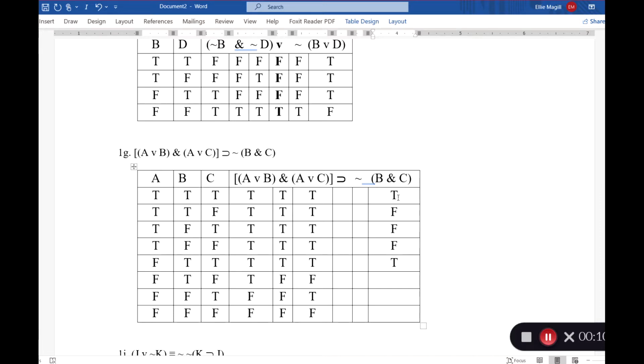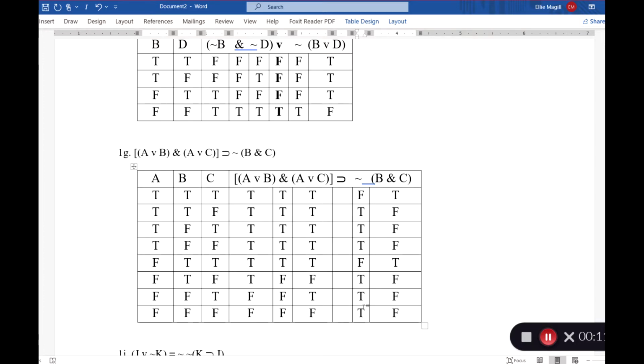On the fifth row, C is false, then B is false, then they're both false. So we've got 6 falses and 2 trues. So now we're going to do the negation. We're going to flip that. False, true, true, true, false, true, true, true.